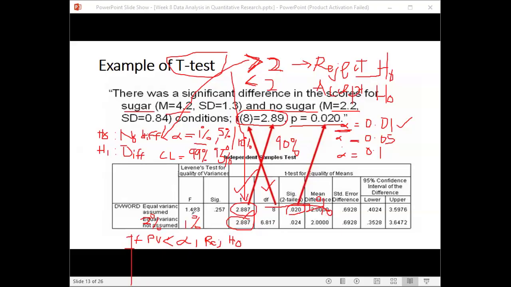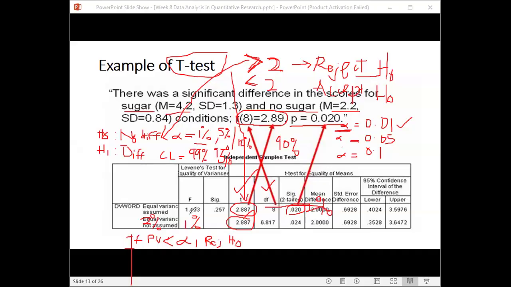We accept, because the p-value is greater than the alpha. Exactly. So we will go and accept the H0. If we consider the alpha to be 1%, then we have to accept the H0. You get it?